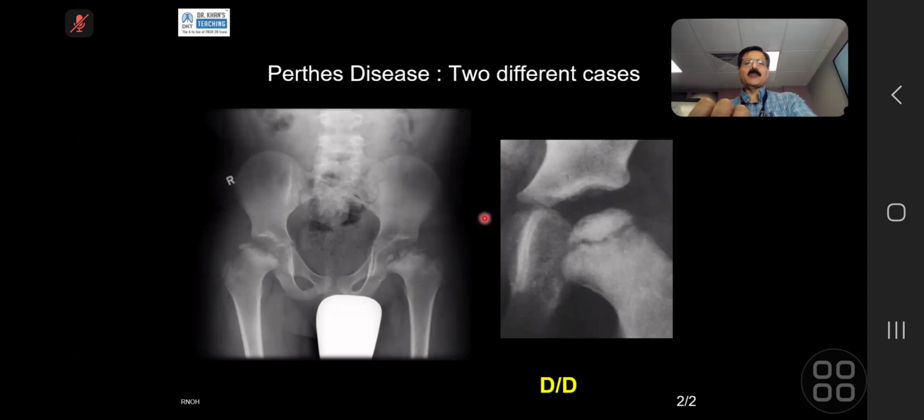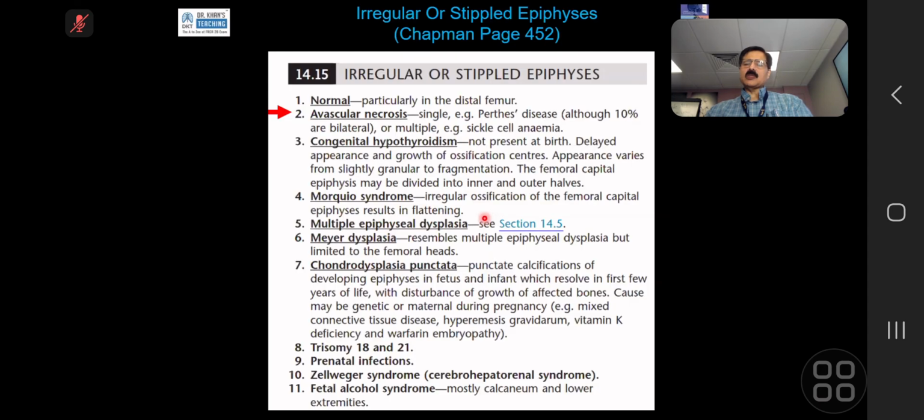Okay, I'll take over. This is another very important differential diagnosis for the exam. Very, very important. And irregular or stippled epiphysis. So avascular necrosis, bilateral, we have already covered, 10 to 15% can be bilateral. This is what I want you to remember, congenital hypothyroidism.